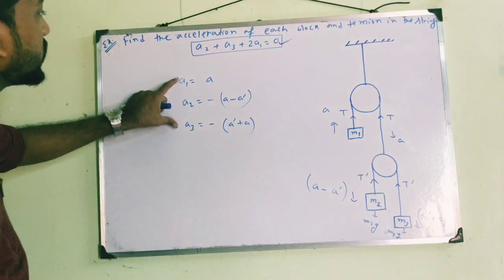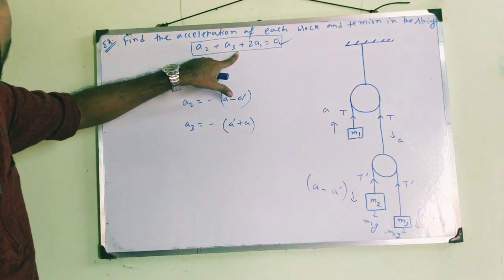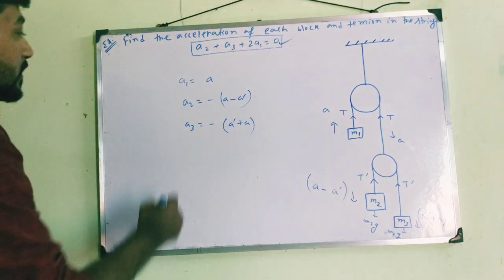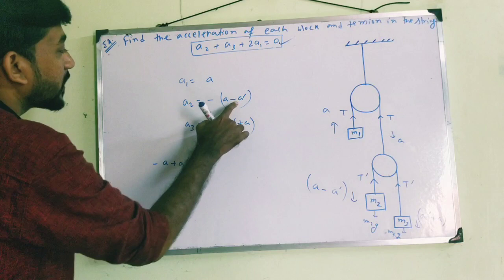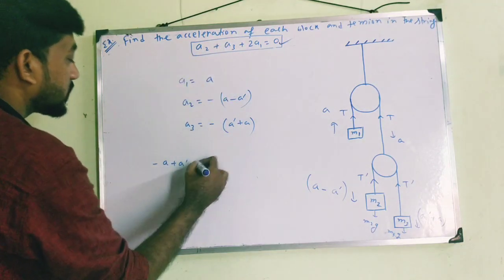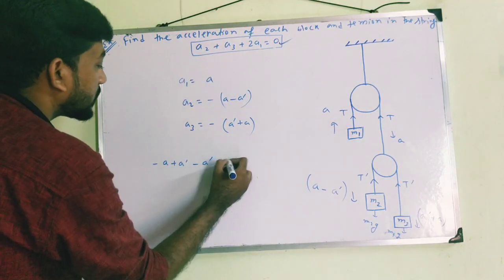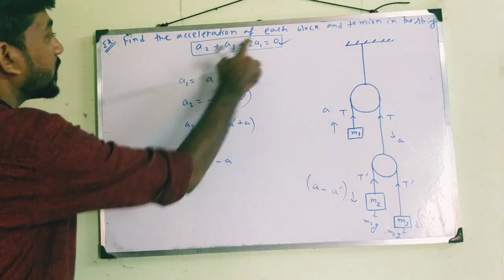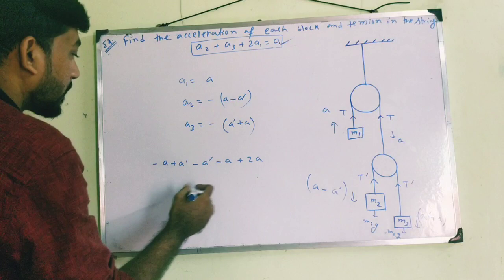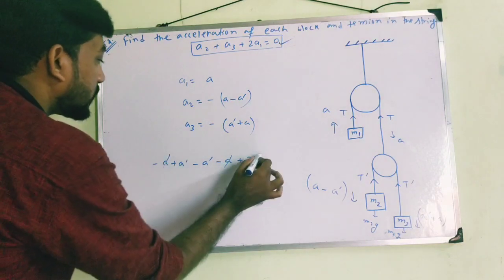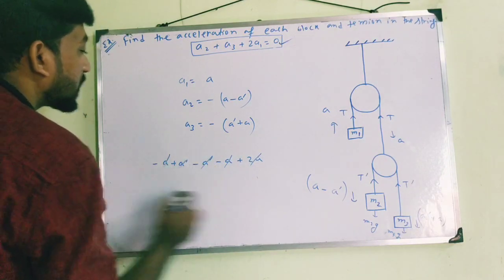Now if we substitute these values over here, we will obviously get the result. So a2 is nothing but minus a plus a prime, and then a3 is minus a prime minus a, and then 2a1 is 2a. So here a cancels out, 2a and a prime cancel, and that will be 0.